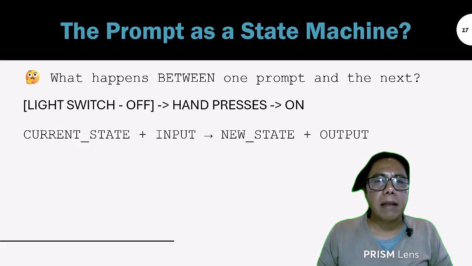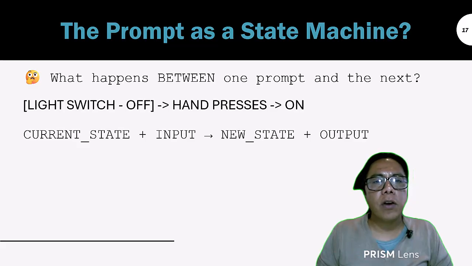A traffic light, an automatic door, your coffee maker, they are all state machines, and your prompt too. In computing, a state machine is a model that can be in exactly one state at a time from a limited number of states. Think of an ATM.